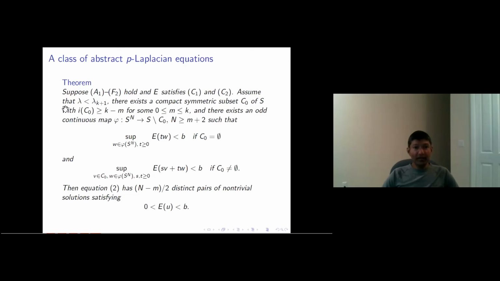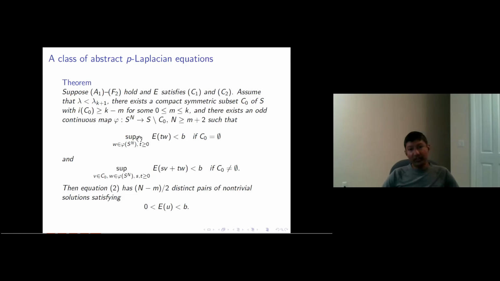And suppose lambda is smaller than lambda k plus 1, and there is a compact symmetric subset C0 of the unit sphere with index at least k minus m, and there is an odd continuous map phi from the unit sphere in R^(n+1) to the complement of C0, where n is bigger than or equal to m plus 2, such that we have these two inequalities.